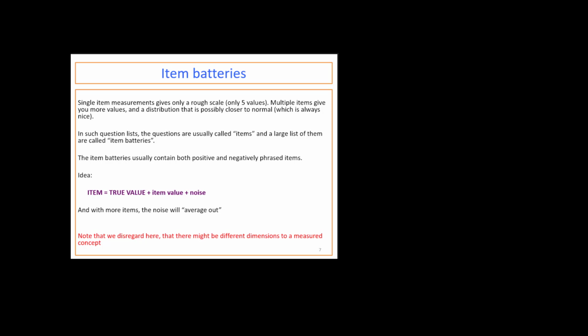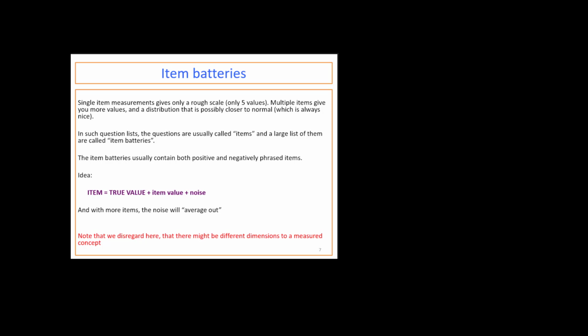Okay, so the general idea is that you have an item, and that item consists of 3 parts, and the first part is the true value. So that is the true value of the construct that you're trying to measure. For example, happiness in this case. Then it also consists of the specific item value. So let's take the item, I feel happy in the mornings.